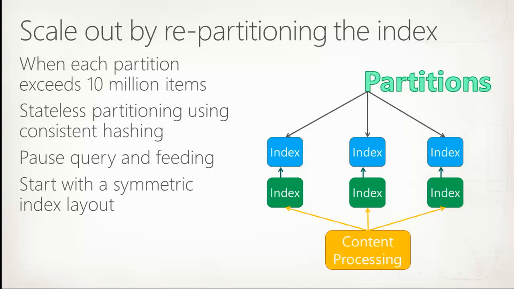I can do that. In the previous product, FAST Search for SharePoint, we talked about rows and columns, and you were forced to have the exact same number of rows across all the columns, where columns were the same as partitions.